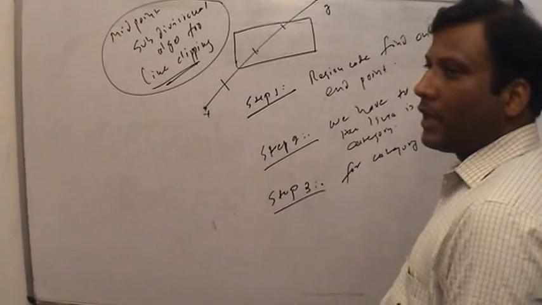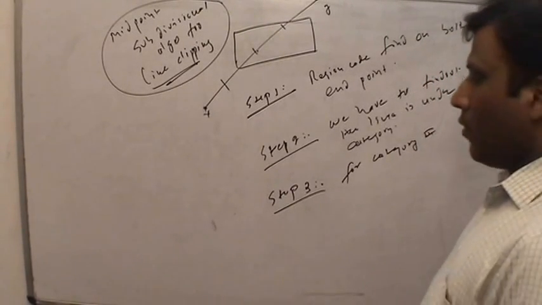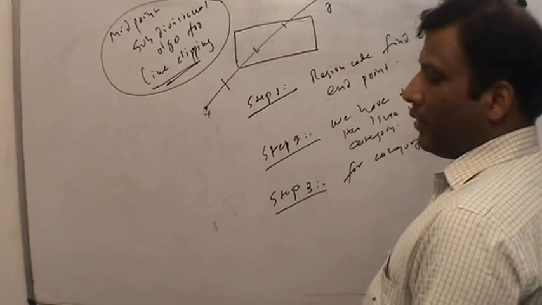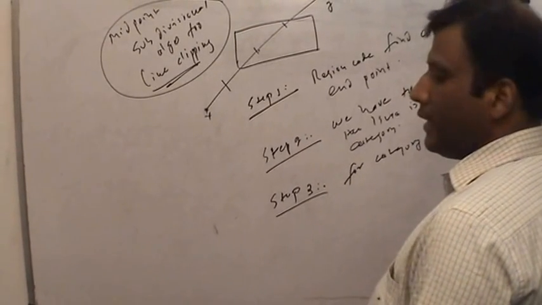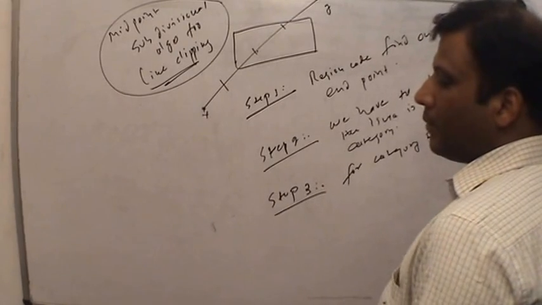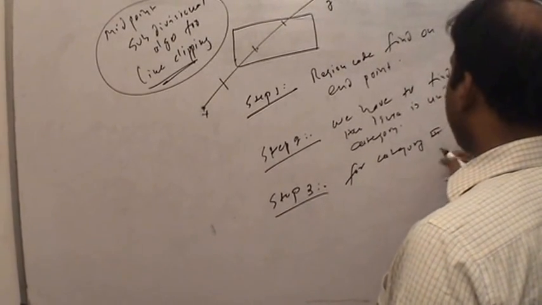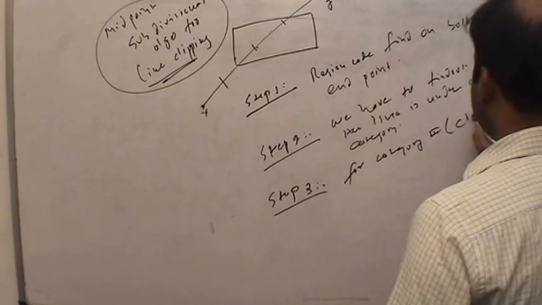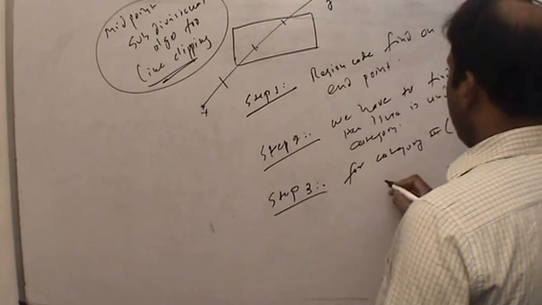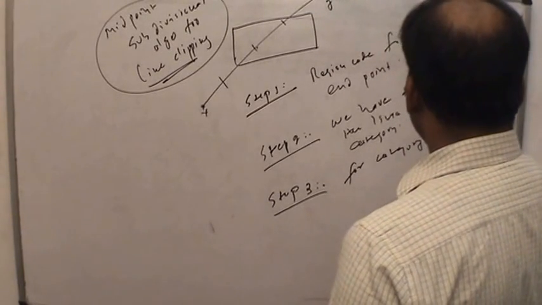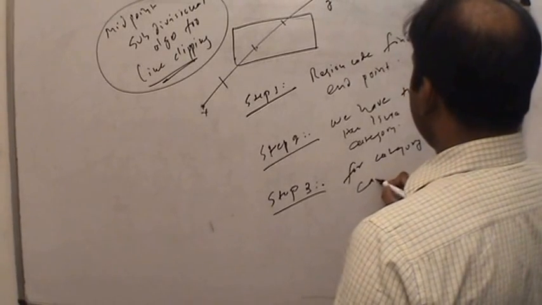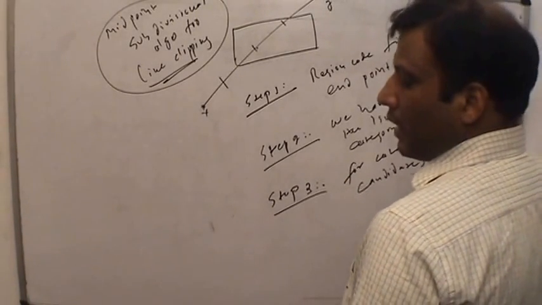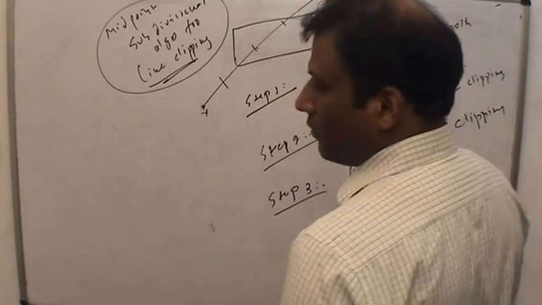We have already discussed category 3 in the Cohen-Sutherland algorithm. When category 3 applies, the line is a clipping candidate. If the line falls in category 3, the line is a clipping candidate, and we have to apply the midpoint subdivision algorithm.